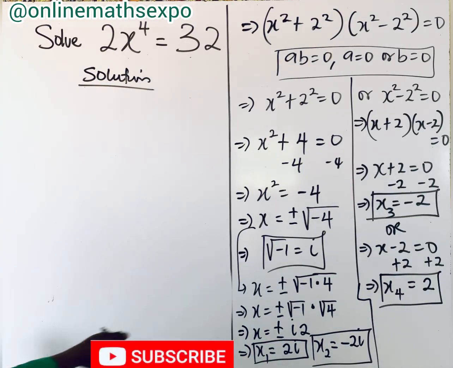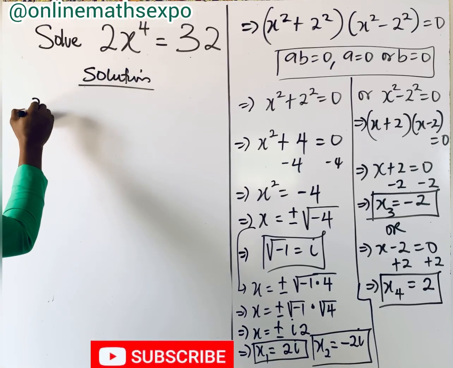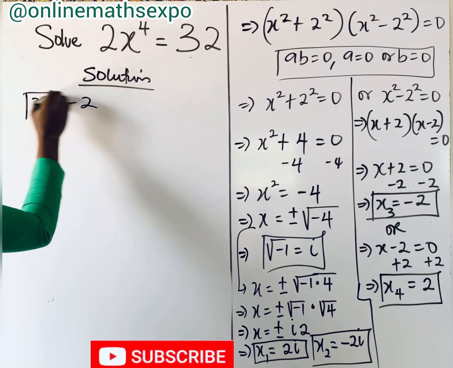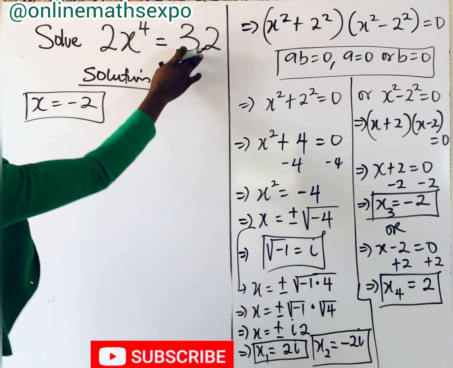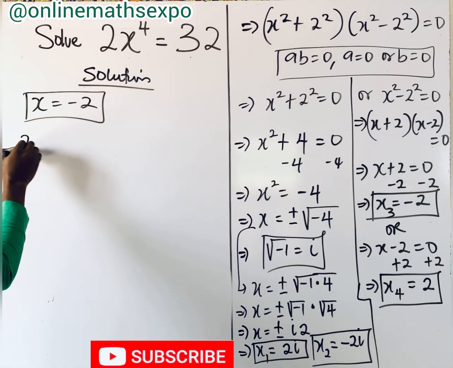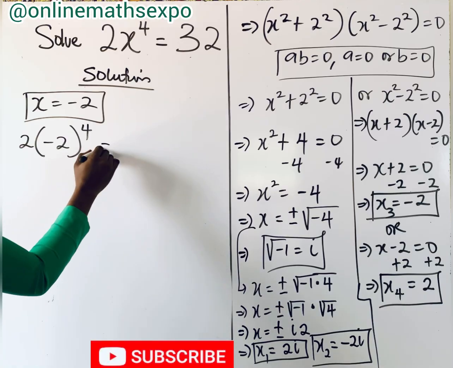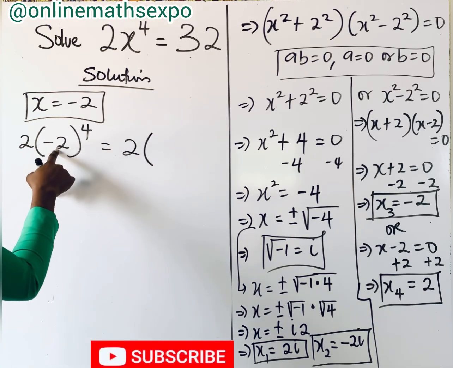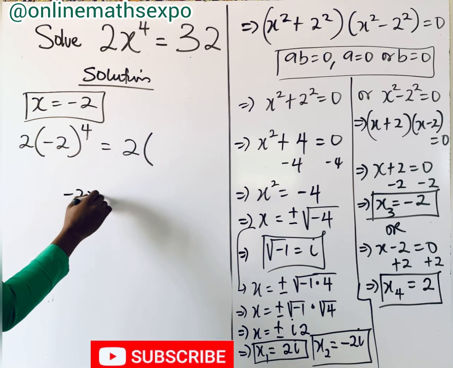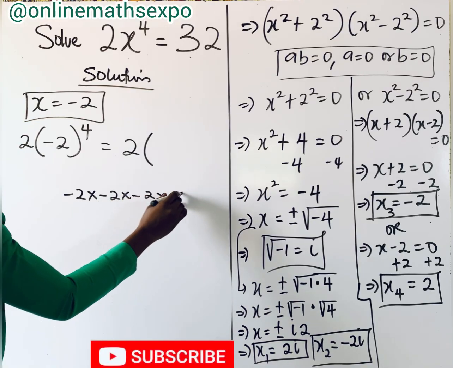So to check, let's start with the real values. So when x is negative 2, put it here. Let's see if it gives us 32. So we have 2 into negative 2 to the power of 4. Negative 2 to the power of 4 is negative 2 multiplied 4 times.